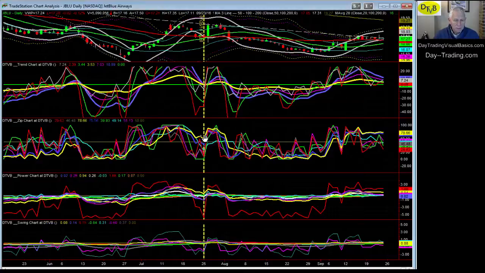The zip yellow and blue are right leg lower, and the trend gray is a right leg higher. And then in the zip chart you have the pink and the red and the gray all in right leg W higher patterns.